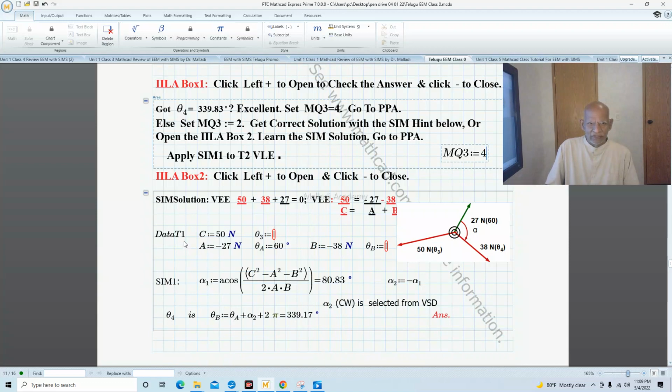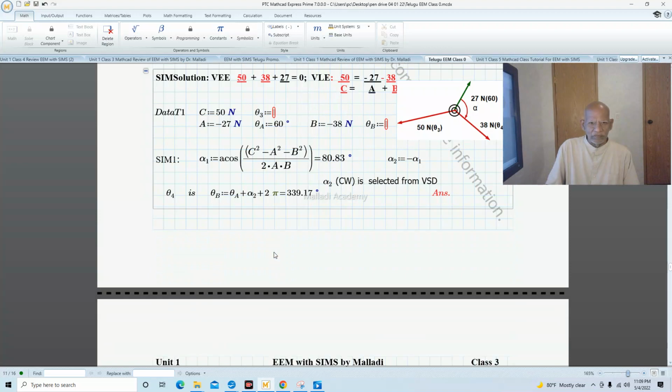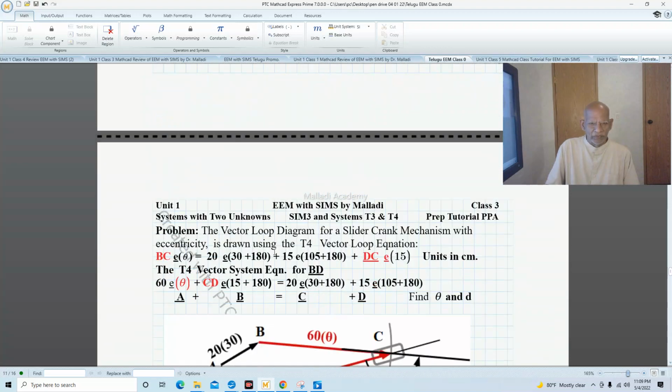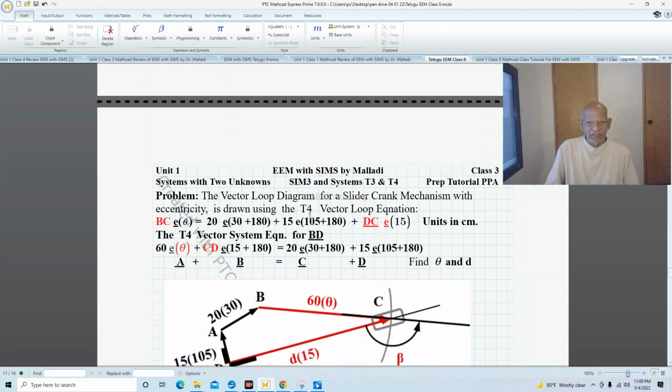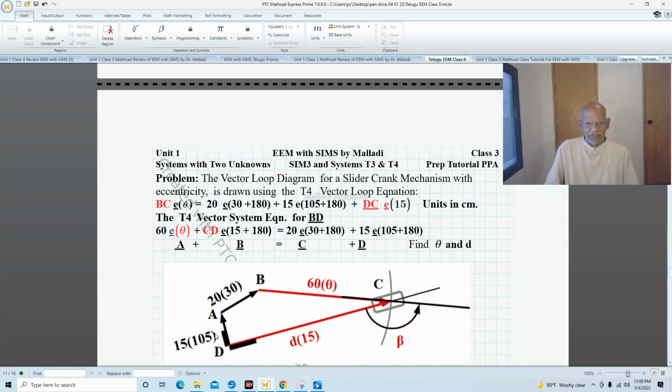Here the sim solution is done in a very systematic way, so that you can put the data in a particular format and then solve it. So this can be used for checking later on for any problem from any textbook. So here is a multi-step problem, more complicated. Here I am solving a square crank chain with eccentricity, which is usually tough, using the Cartesian coordinates.